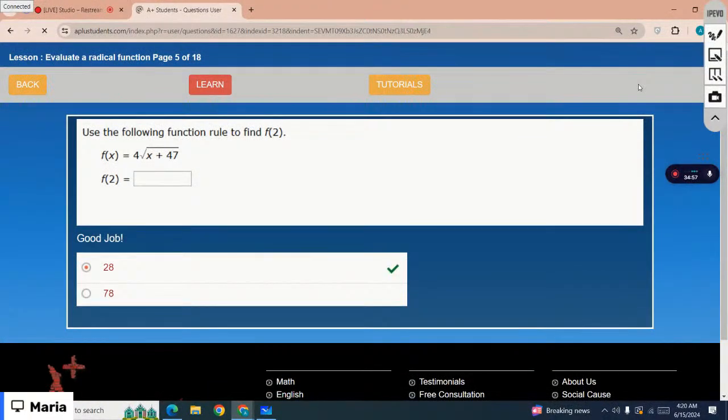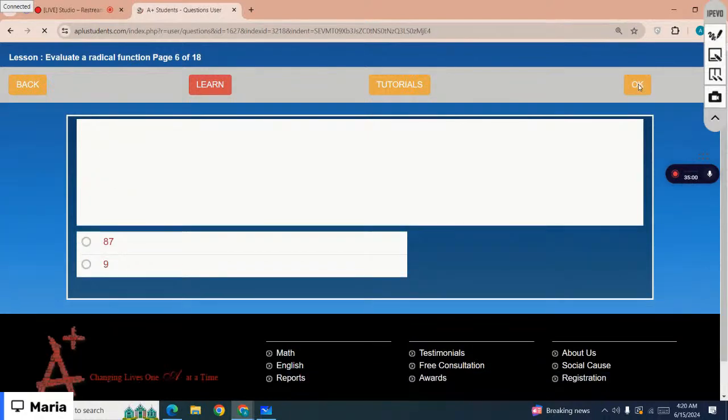Use the following function. So when you evaluate it for the 3, the correct option is 9.